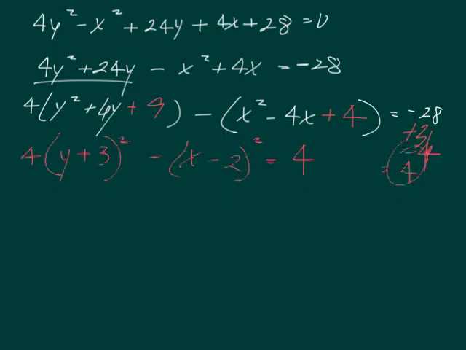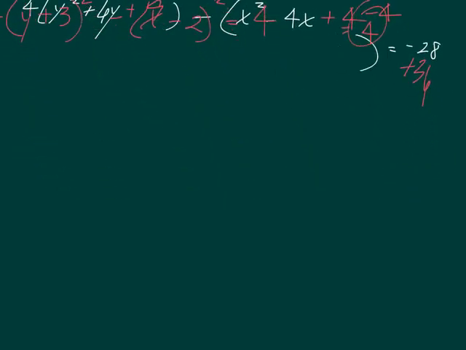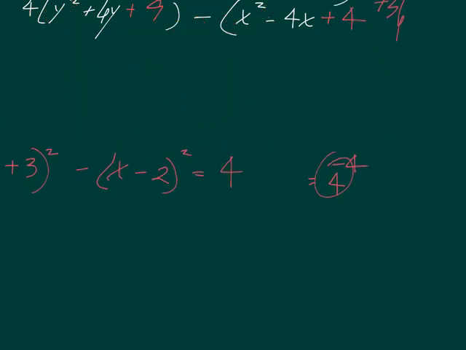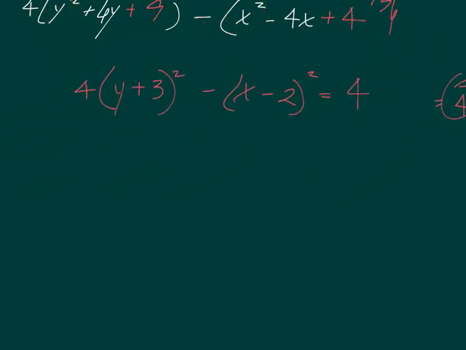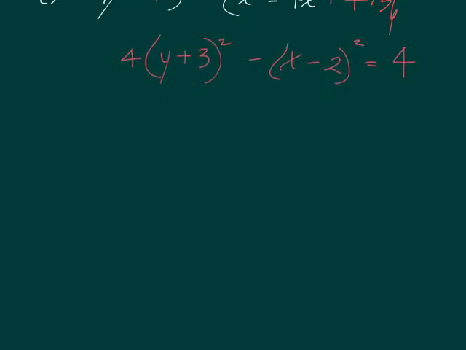So there we have our completing the square, and we'll get some of this stuff out of here so we can look at it easier. So there's our equation. Is it written in the right form? No, it's not, because we still have a 4 right here, and that needs to be a 1. So let's go ahead and divide each of these by 4.